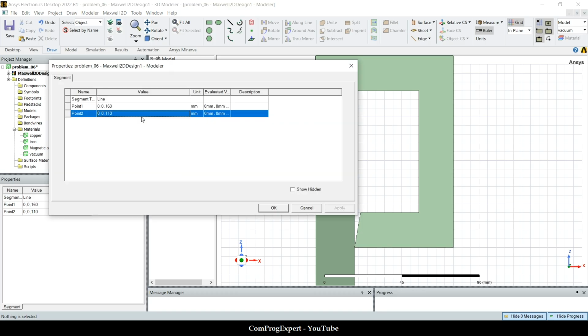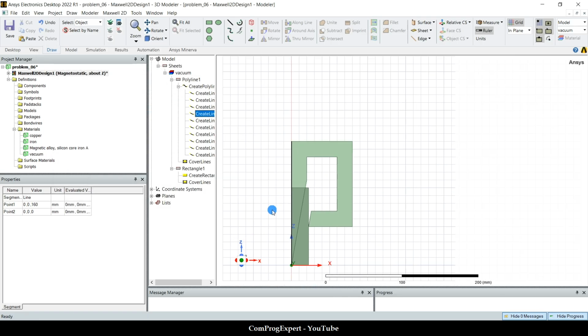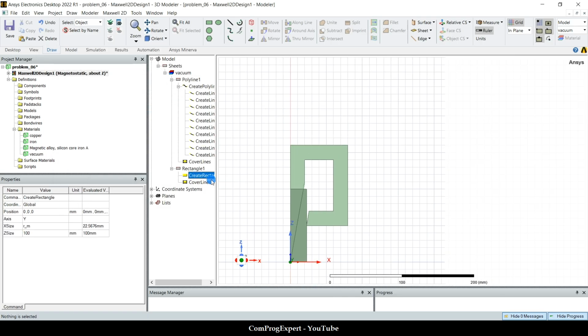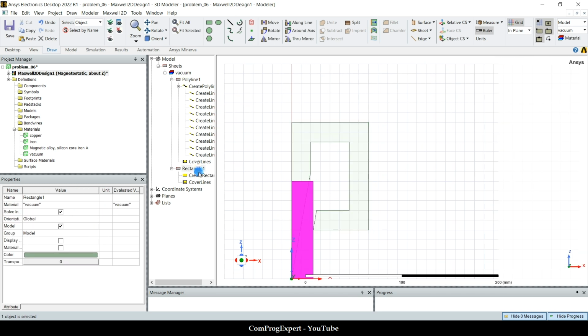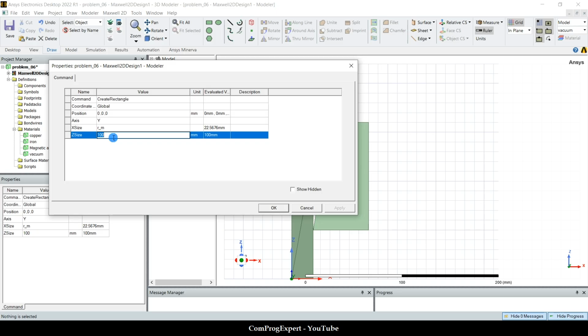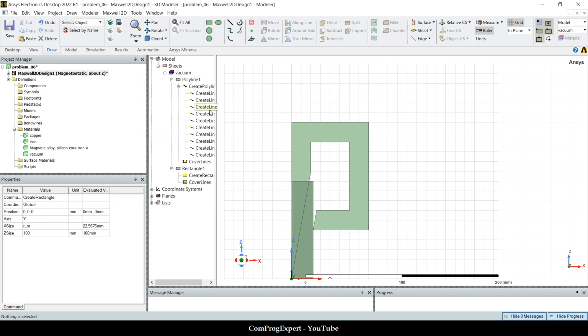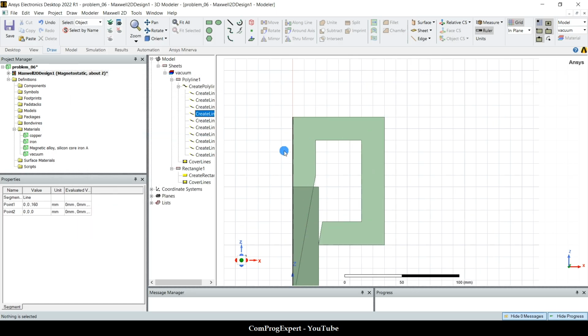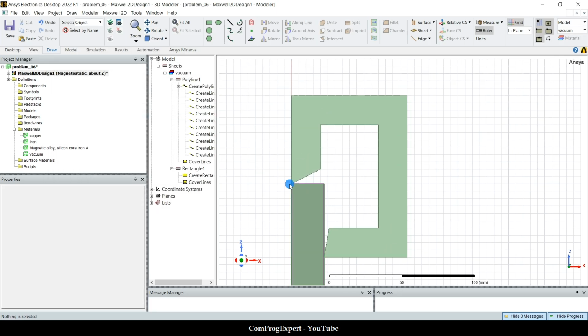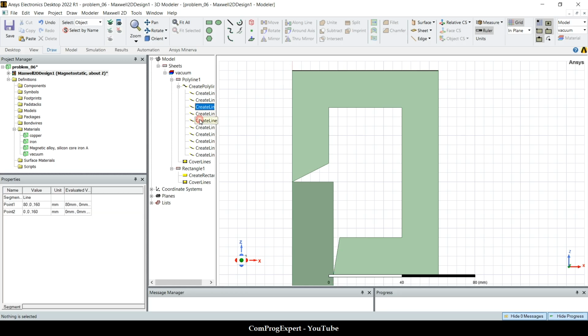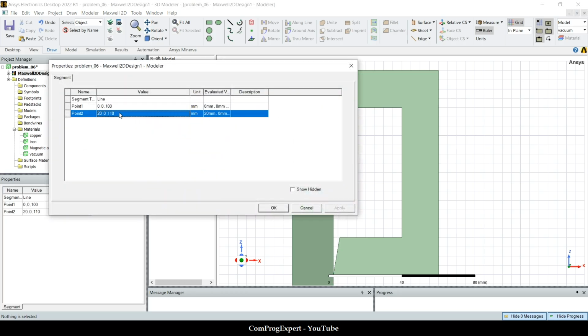This one, the position z, I'm going to consider equal to 0. Because I considered this y size equal to 100, for this edge, the second point, I should consider 100 millimeters. Then we have this line.